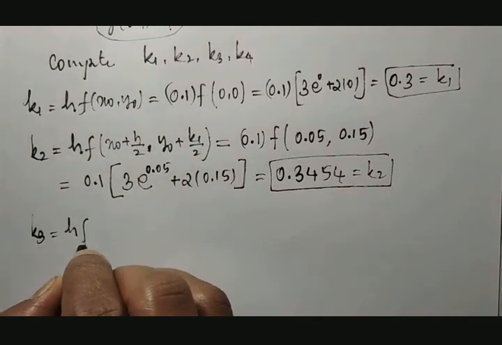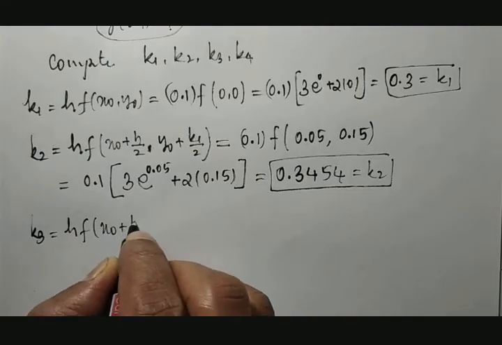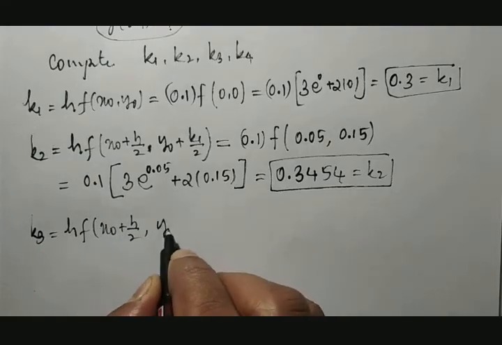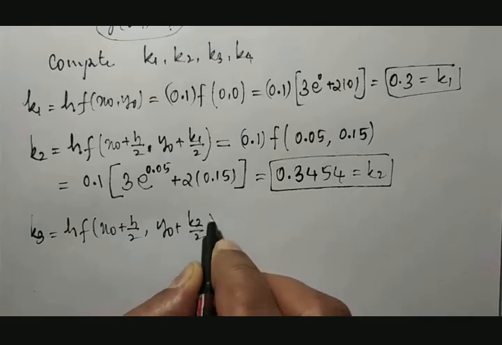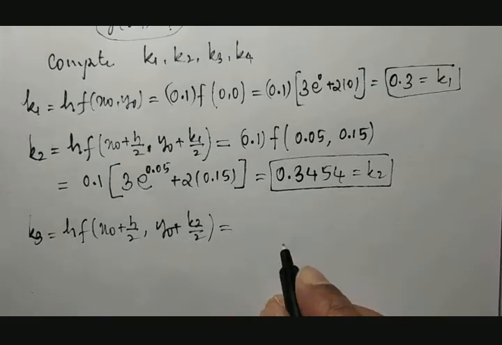Next comes k3. How do you calculate k3? k3 is nothing but h into f(x0 + h/2, y0 + k2/2).